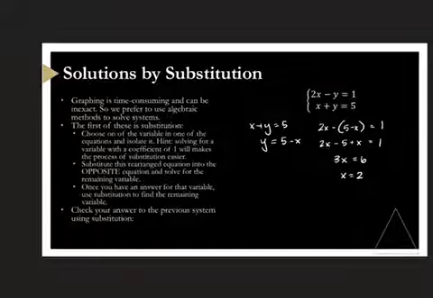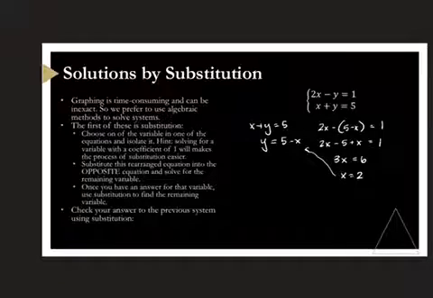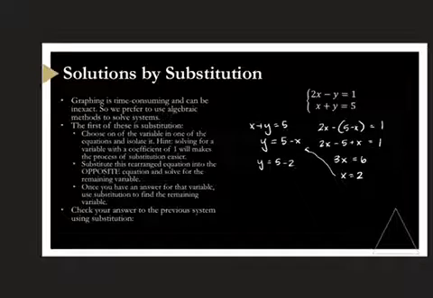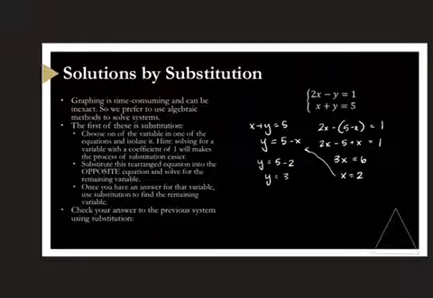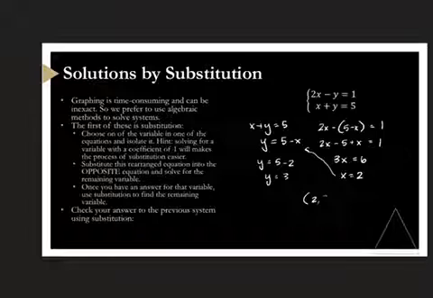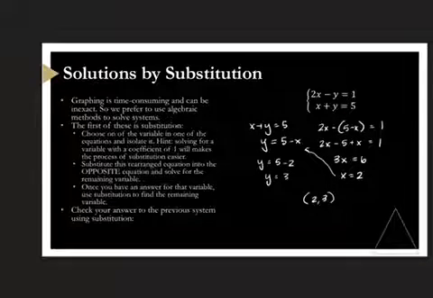Now I can substitute back up here and figure out what y is. So y is 5 minus 2, which means y is 3. So these cross at 2, 3, and we just did that example by graphing, and so we know that that's true. We already saw that happen.